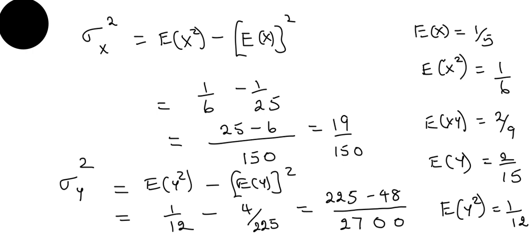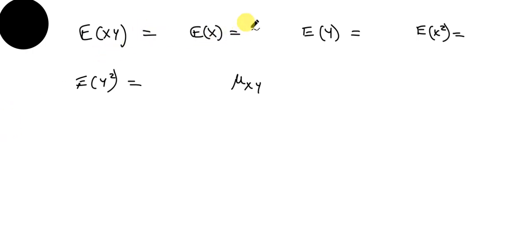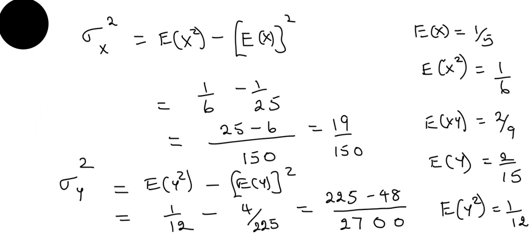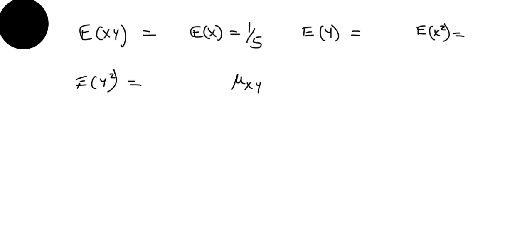So my E of x is 1 by 5 and E of x squared is 1 by 6.